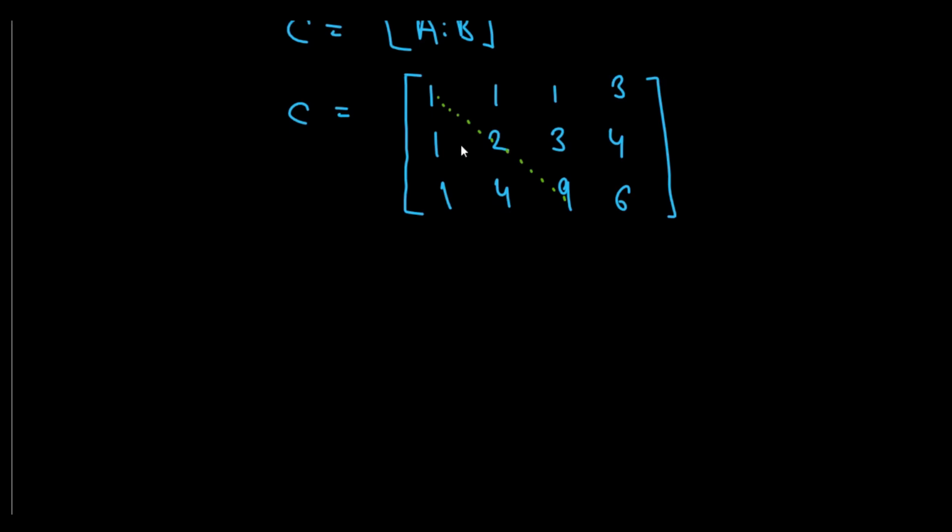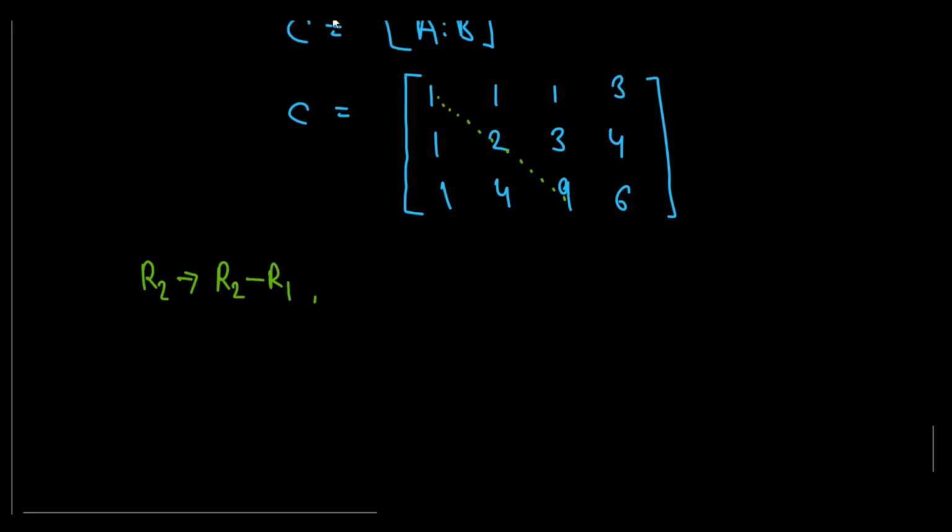Now let's start to make the 0s, these 1, 1 and 4. Suppose we consider this row. R2 changes to, here the value is 1, and if you subtract 1 from 1, it becomes 0. Here we can use either R1 or R3, so just do the operation R2 minus R1.